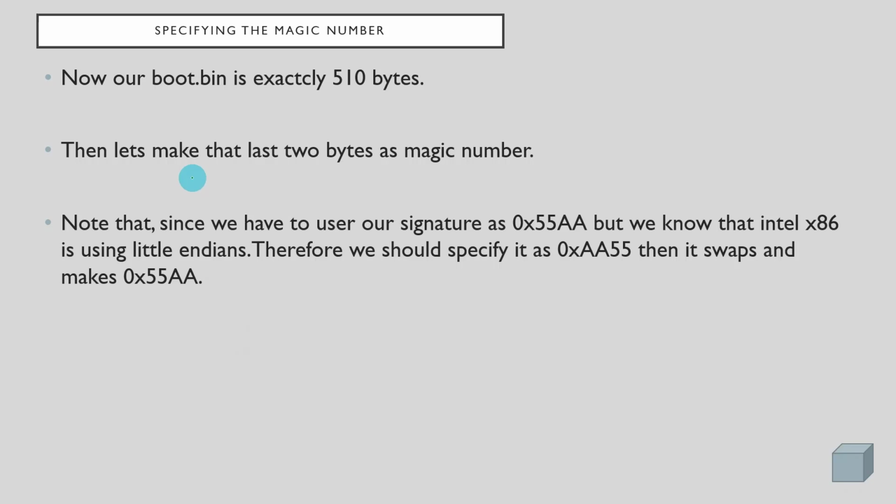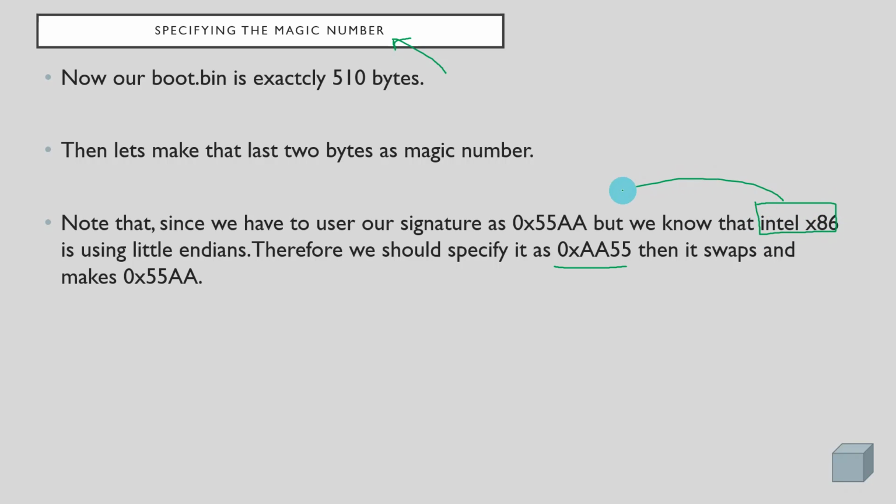Okay, now this is the place where we are going to specify the magic number. I'm not going to go into much detail about this magic number because I explained it before. Remember, we are going to specify our magic number as 0x55AA because we are going to use Intel specific architecture.